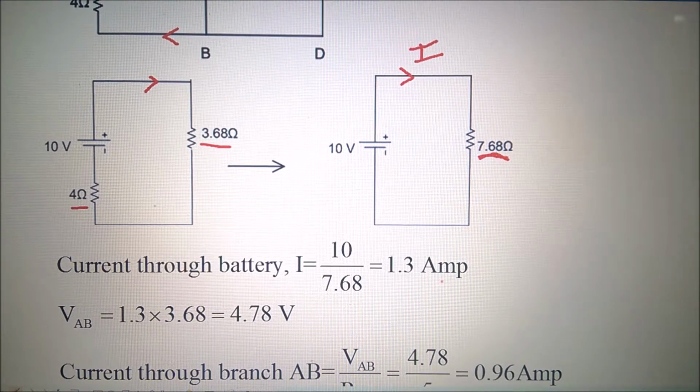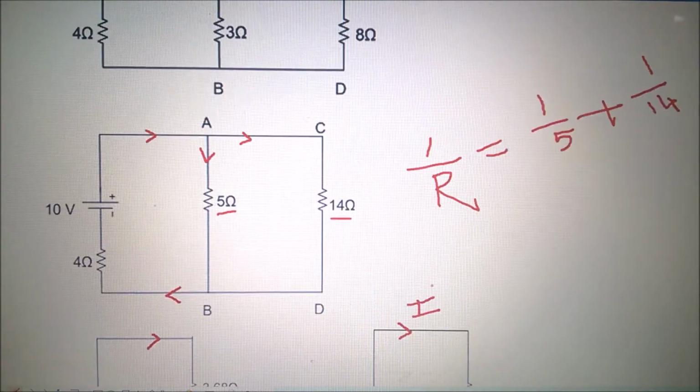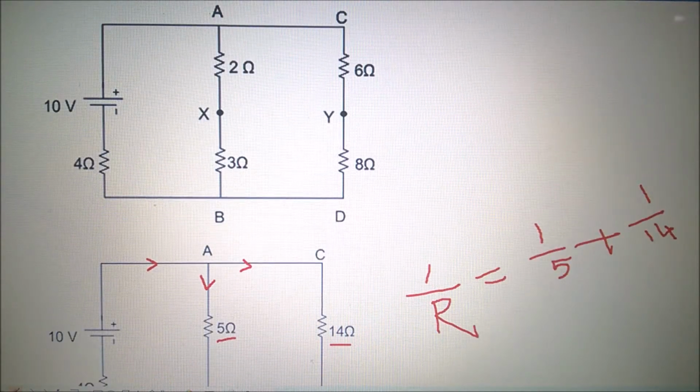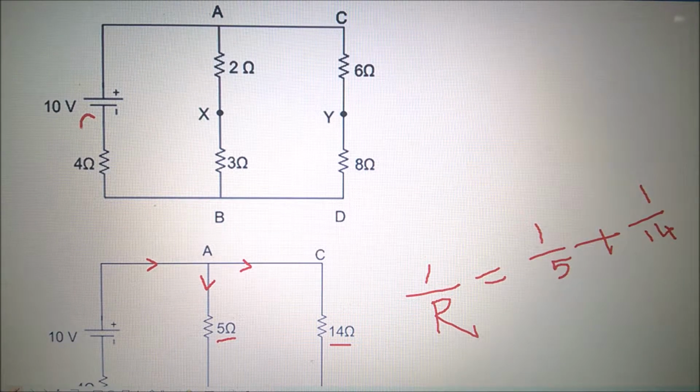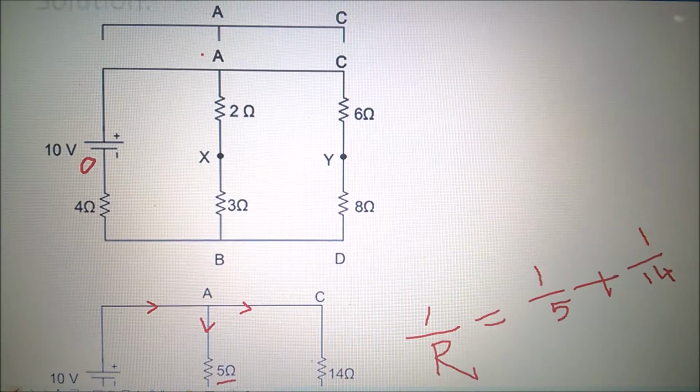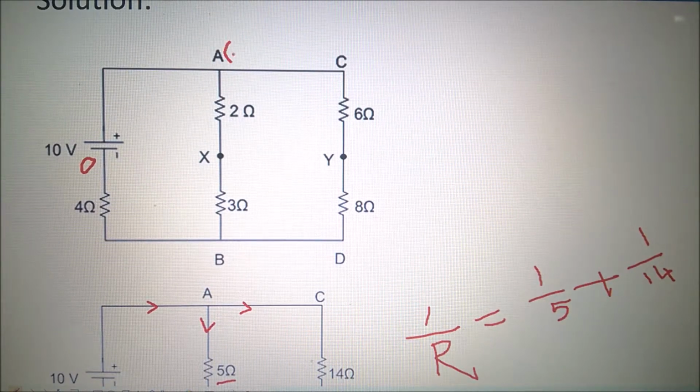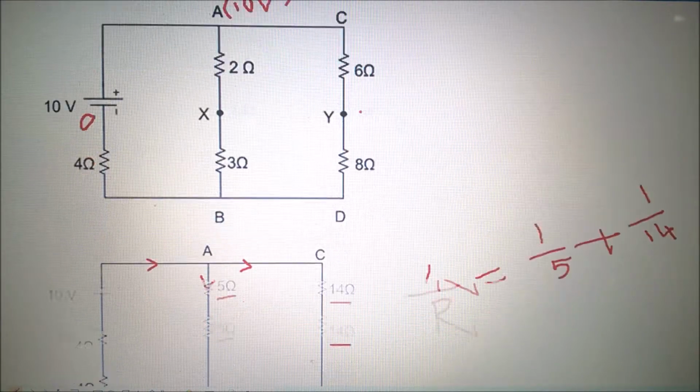Now we have to find the potential difference between A and B. Now, if we come back to the original circuit, we take the negative terminal as 0 potential, then the positive terminal is at 10 potential. Therefore, the potential at A is 10 volt, and the potential at C is also the same 10 volt.